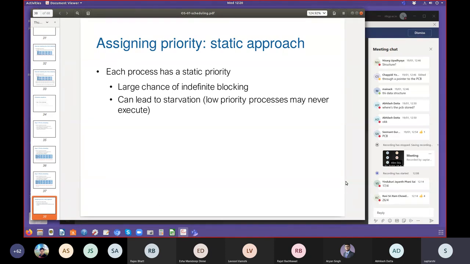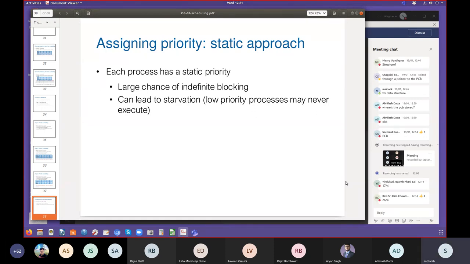Suppose there is a low priority process, but very frequently high priority processes keep coming to the system. It might happen that this low priority process never gets a chance to execute, so it is never getting the CPU. This is what we call indefinite blocking, or starvation.